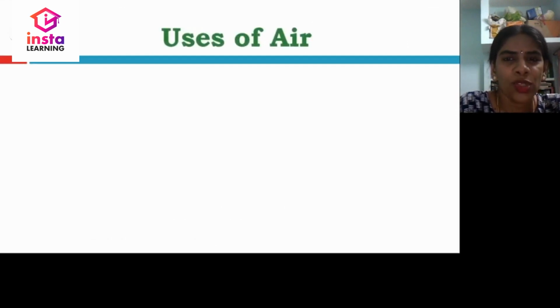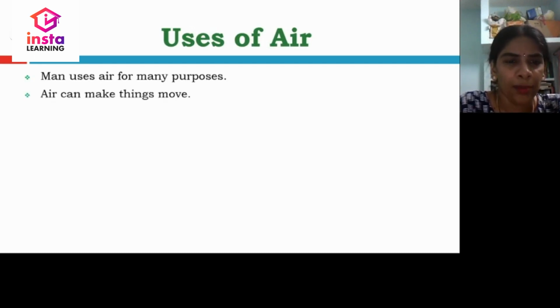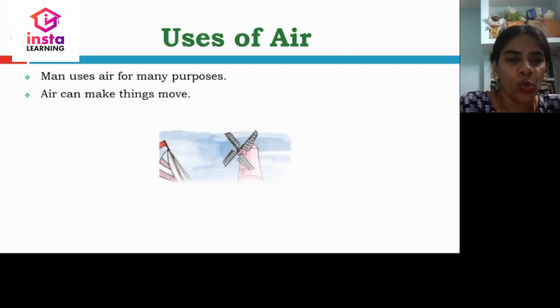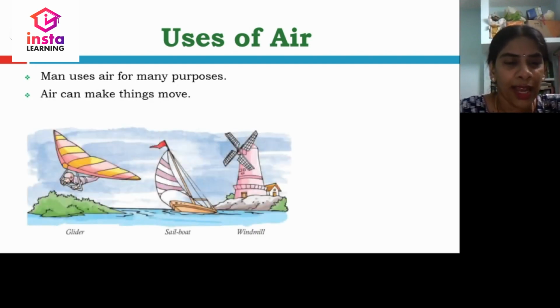What are the uses of air? Man uses air for many purposes. Air can make things move. Yes. Glider. We need air for gliding to fly in the sky. We need air for sailing boats.